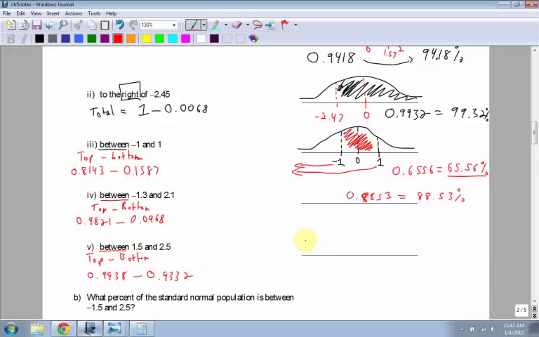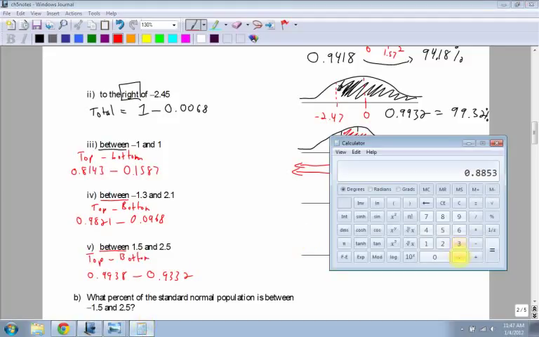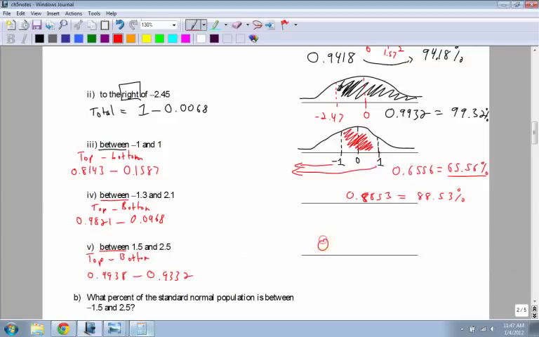Okay, and that one is going to be equal to 0.9938 minus 0.9332, which is 0.0606, or that's equal to 6.06%.